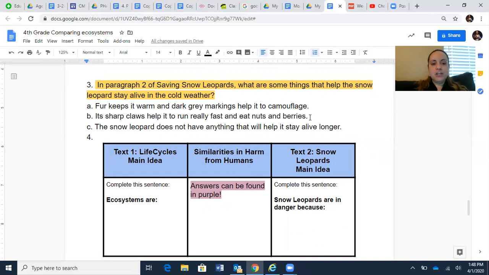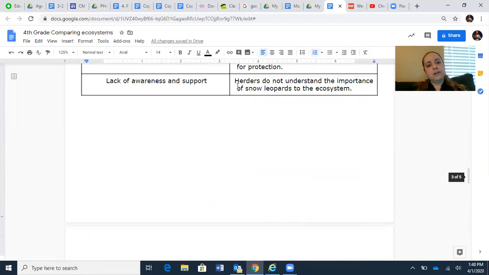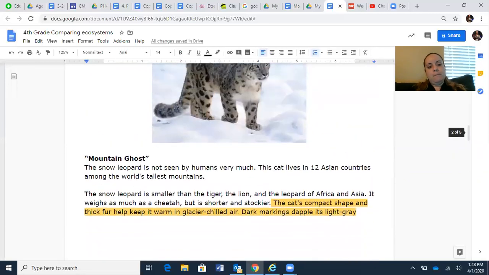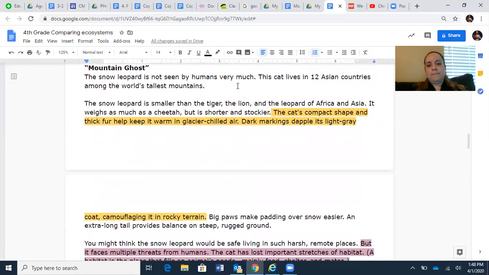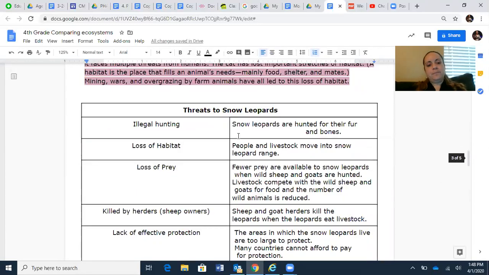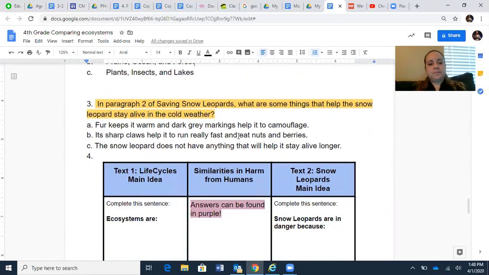C says the snow leopard does not have anything that will help it stay alive longer. Well, I know it says in paragraph 2 of Saving Snow Leopards. So let's go back to look at paragraph 2. Oh, there it is. It's the same color. And it tells you about the things that help it to stay warm in the glacier chilled air. That's the cold weather.